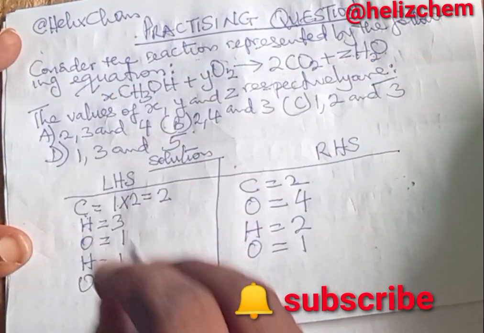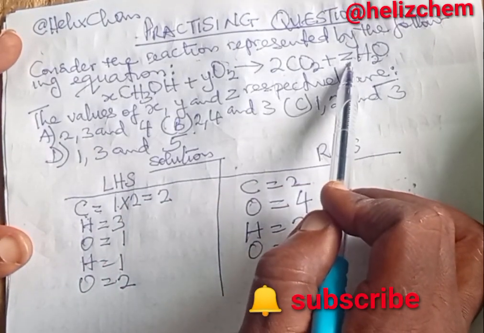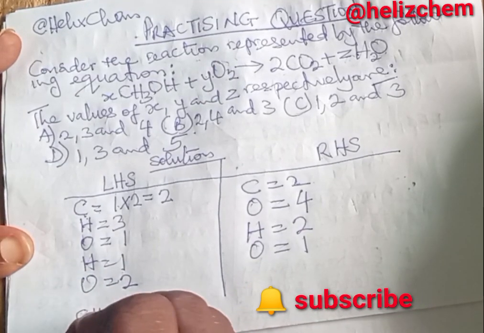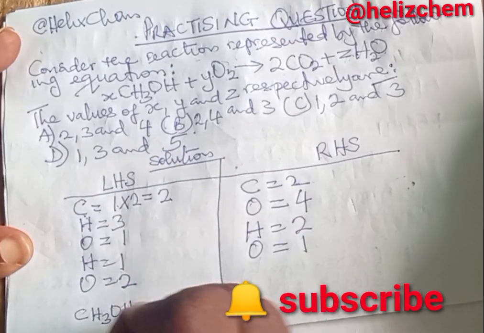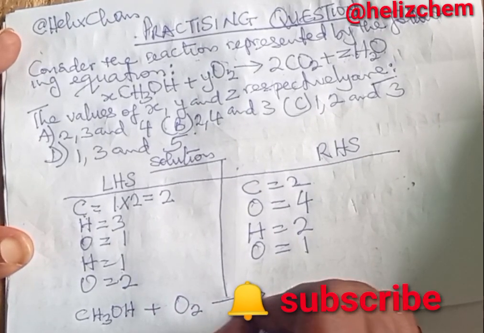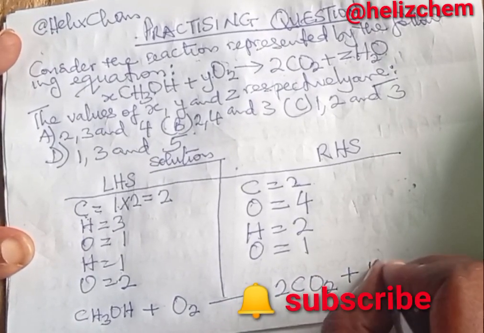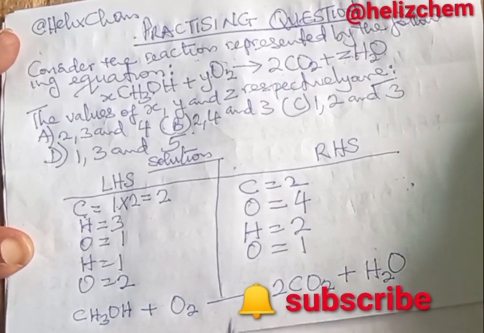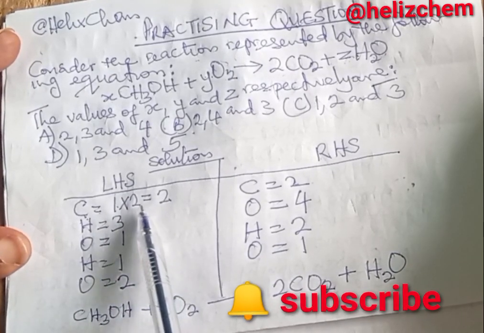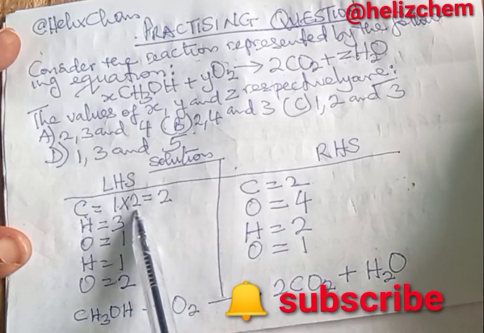You will have to rewrite this equation now, but you will not put this x, y, and z there. So let's rewrite it. This is CH3OH plus O2 to produce 2CO2 plus H2O. Now, we have seen that on the reactant side, we have multiplied the carbon atom, which is 1, by 2.